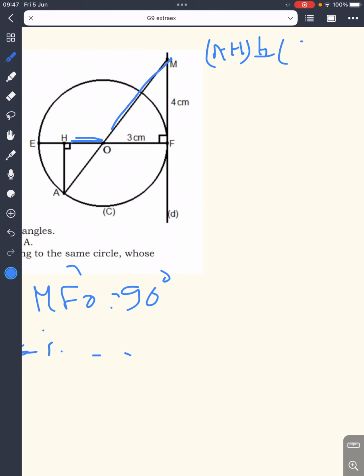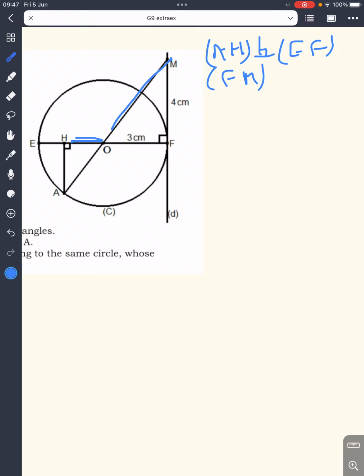This is given. We also have FM perpendicular to EF. That means two lines perpendicular to the same third line are parallel. Here I can say that AH and FM are parallel. And since they are parallel, I can apply Thales theorem.